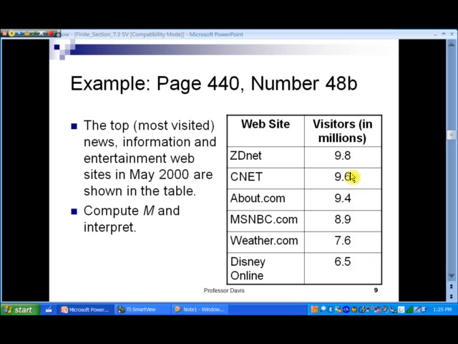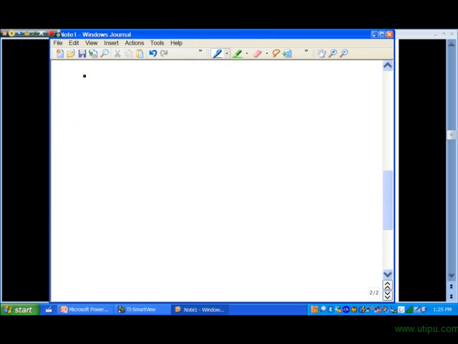So let's think about it. We have what? 1, 2, 3, 4, 5, 6 values. We want to find the middle value. Well, since the sample size is even here, what we want to do is to take the mean of the two middle numbers. So let's go ahead and compute the median knowing that.